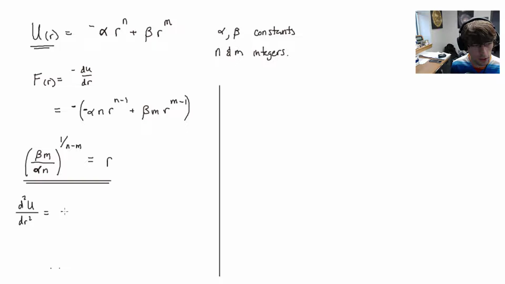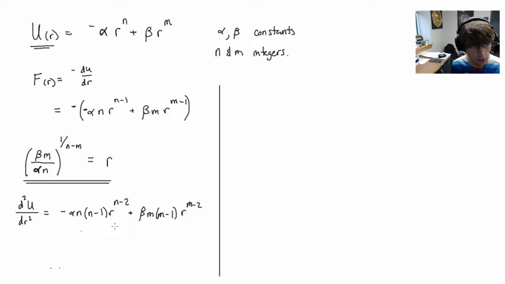So you get negative alpha n times n minus 1 r to the n minus 2 plus beta m times m minus 1 r to the m minus 2.